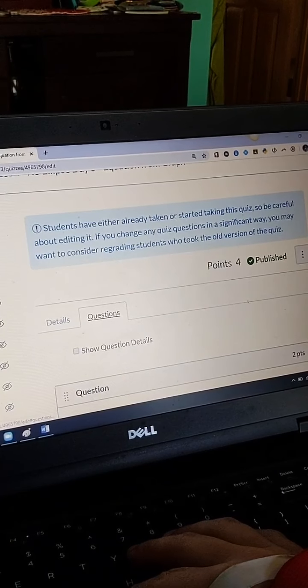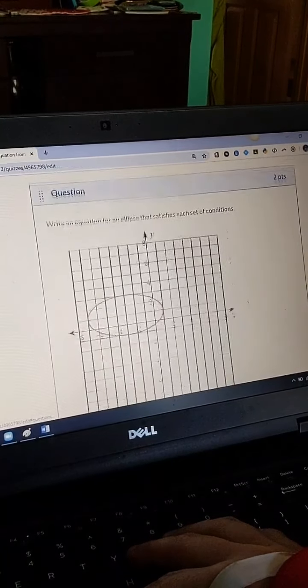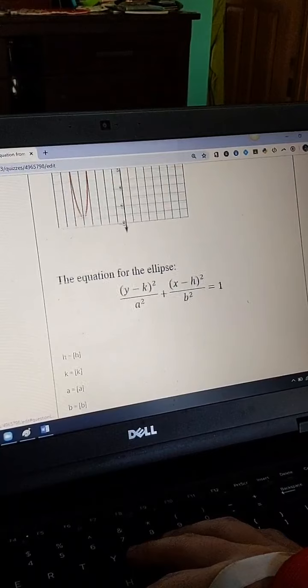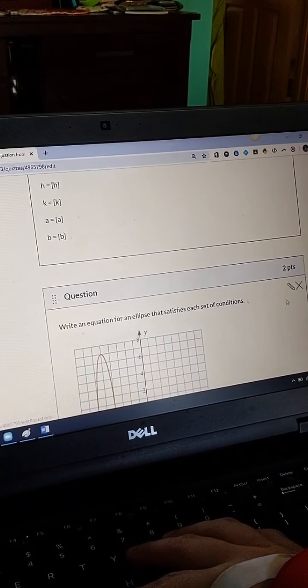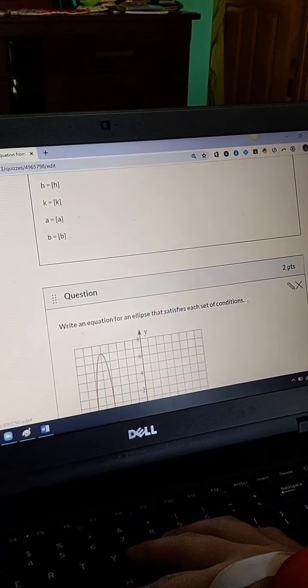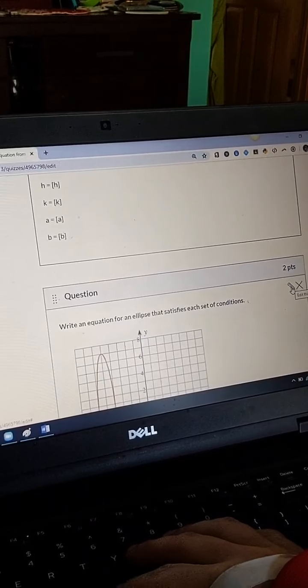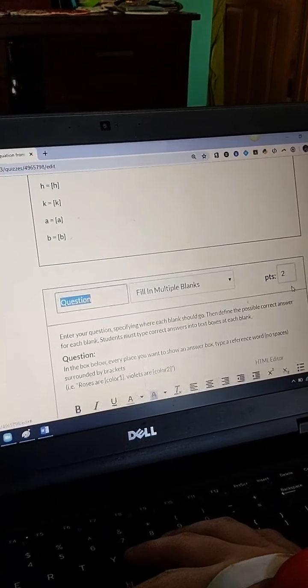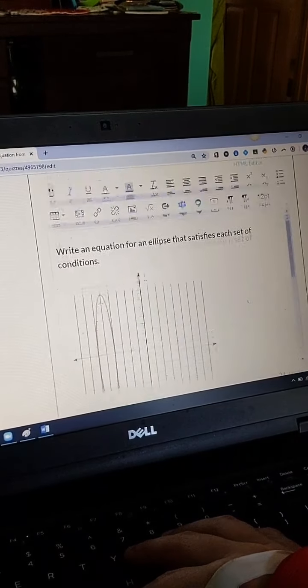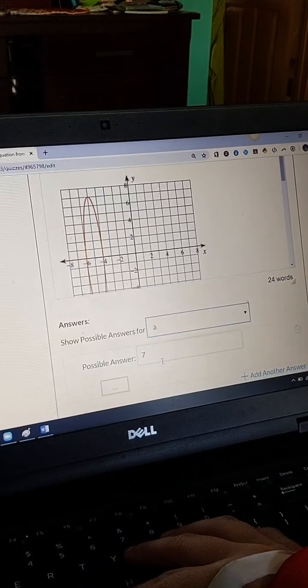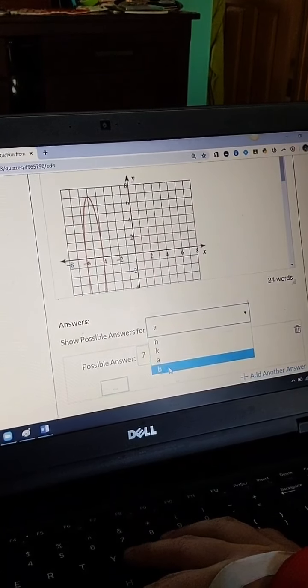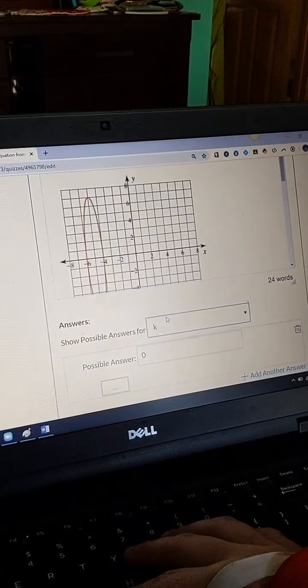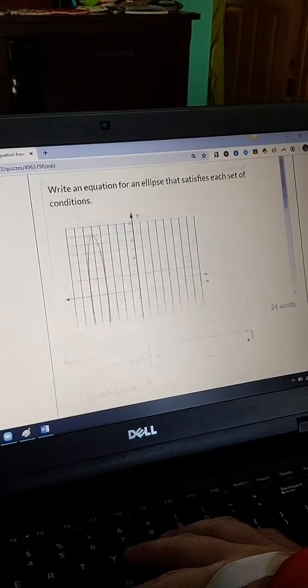It all depends on the orientation of the graph. So A is always the vertical, B is always the horizontal, no matter which way the ellipse is looking, if it's tall and skinny or short and fat. Let me just see, the 7 seems like it was, no, it is 7, okay. Okay, being 1, 0, so -5, okay.